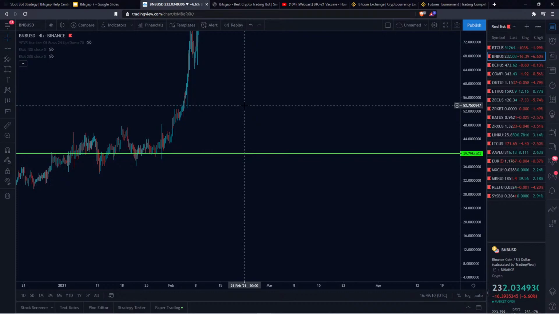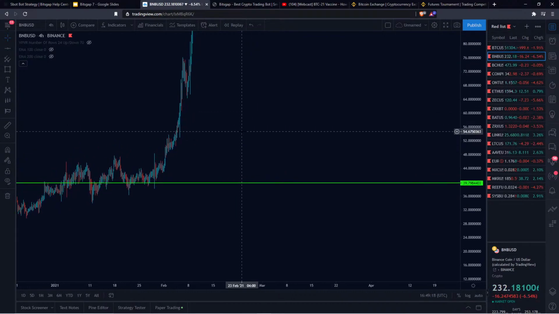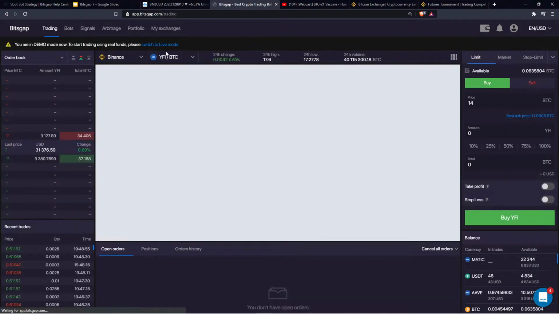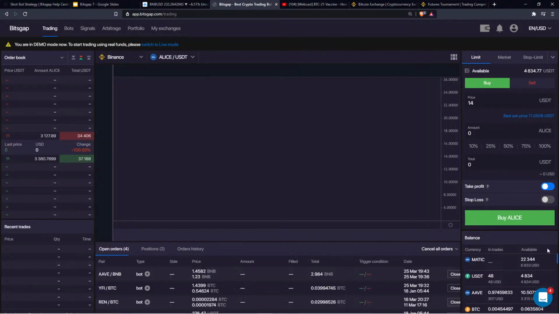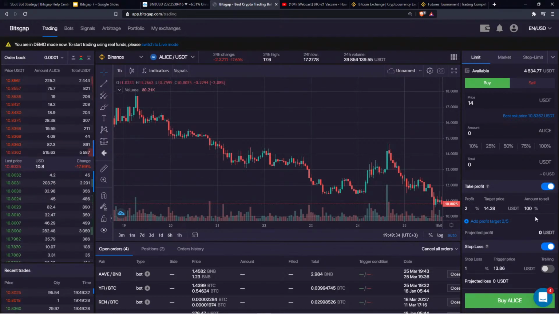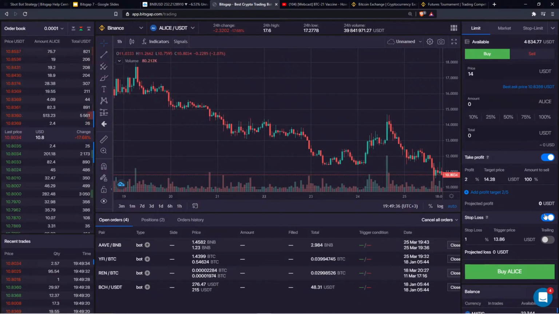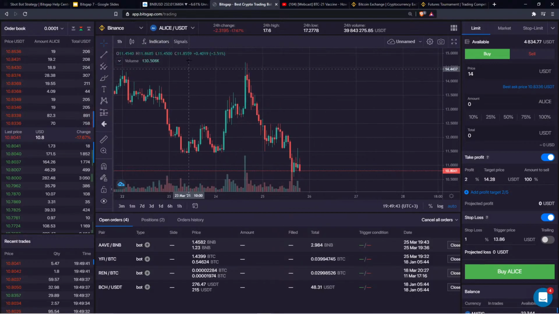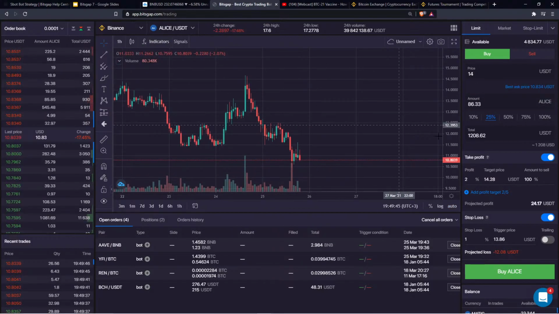Because the aim on the market is to accumulate and to set trades that have the best ratio between the return and the risk management. So in Bitsgap, that's why we have this thing as projected loss and return. The aim is to set targets higher than the projected loss. So for example, let me show you, let's illustrate to you 25.